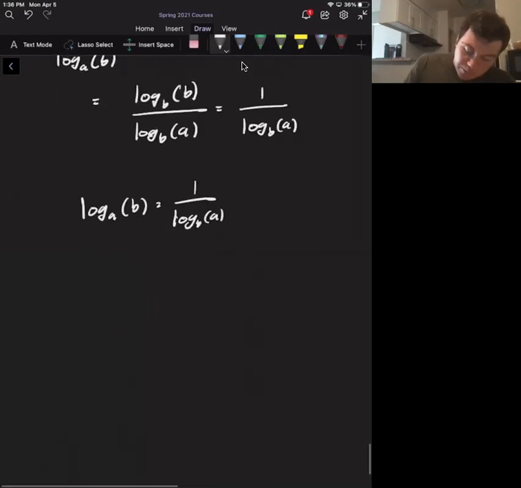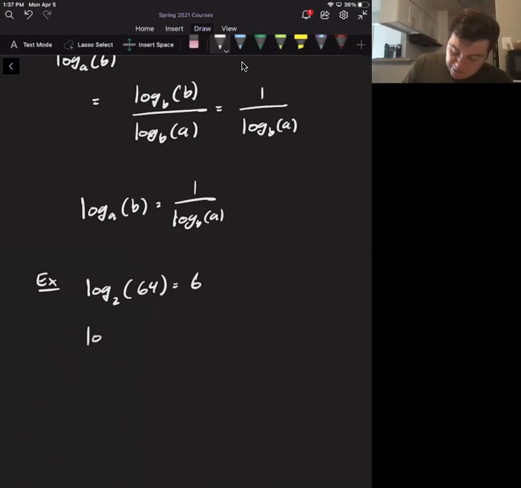As a quick example, log 2 of, pick a power of 2, let's say 64. That's equal to 6. And then log 64 of 2. That's going to be what we can plug into 64, take that power to get 2 out.